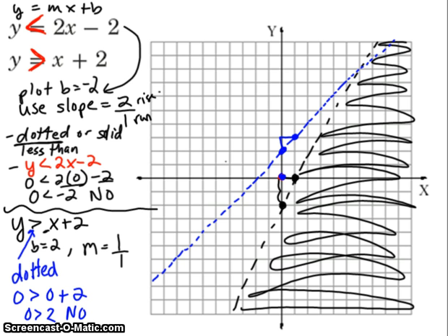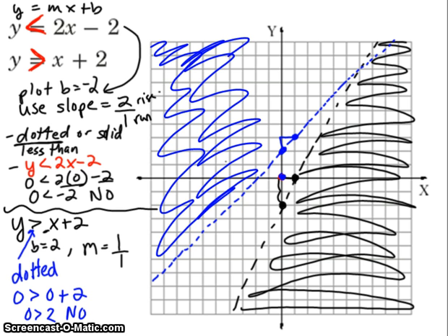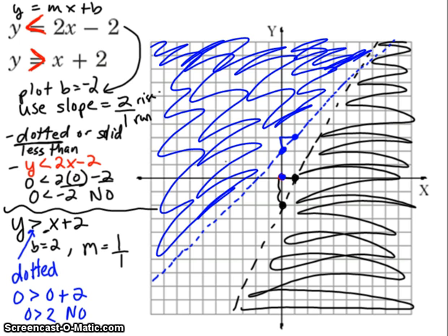No. All right, so we don't shade that side, so we shade everything else. Now here's where drawing the line is very important, because if you see, the overlapping region is just this little sliver right here. Okay, and that would be the answer to our system.